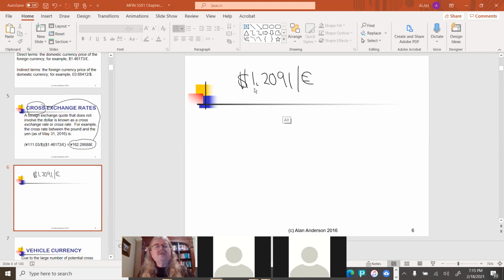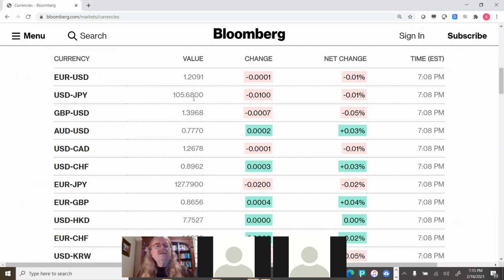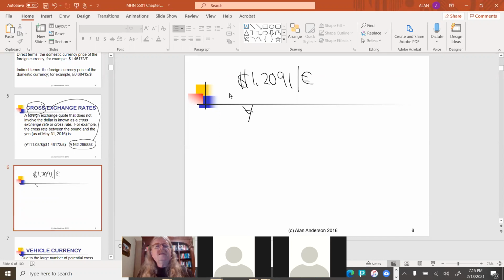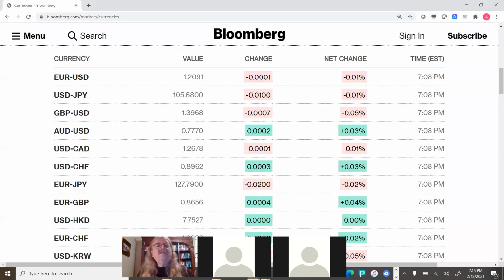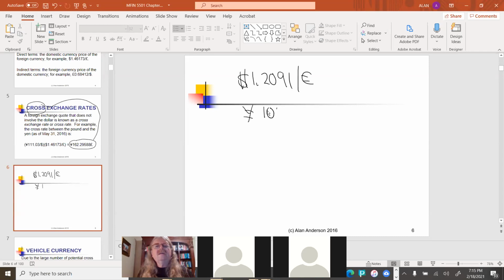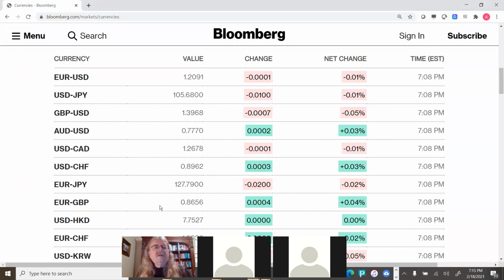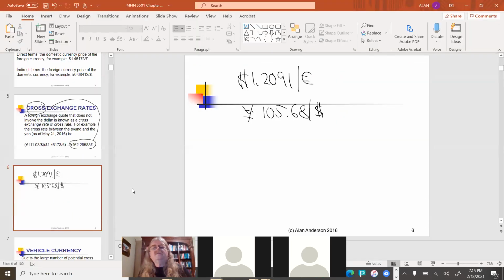You'd think this would drive people crazy, but this is how it's done. Then this one is yen, 105.68 per dollar. So if you were to combine these, you could come up with this one, which is yen per euro. In spite of the way it's written, it's yen per euro.